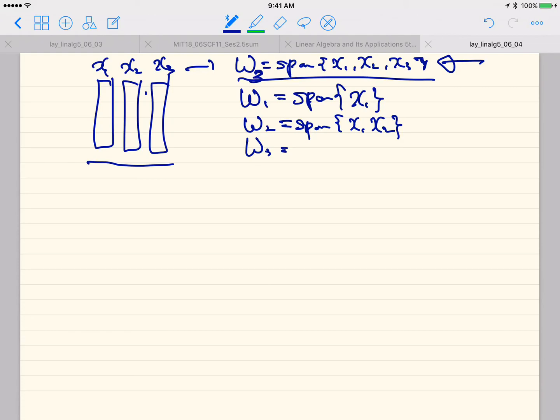Is this basis vector x1 an orthonormal basis in general? The answer is no. Given these 3 vectors, W1 is nothing but this straight line spanned by only this vector, right?